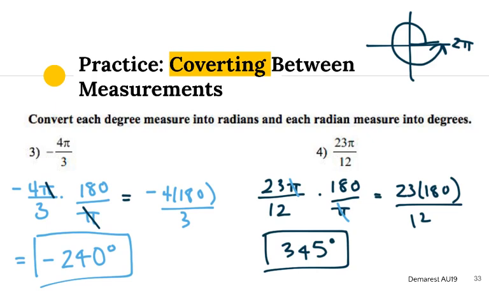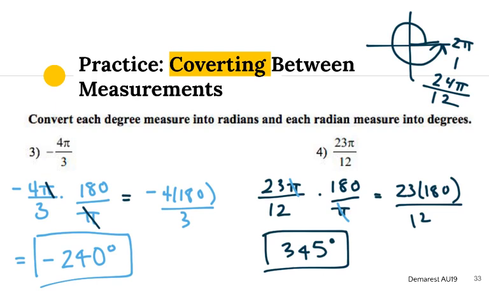And if we're thinking in denominator of 12, 2 pi is the same as 24 pi over 12. So 23 pi over 12 is almost a full rotation around the circle. 345 degrees is almost a full rotation around the circle.